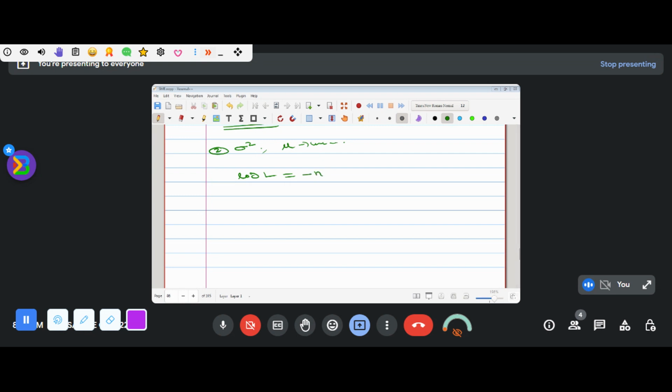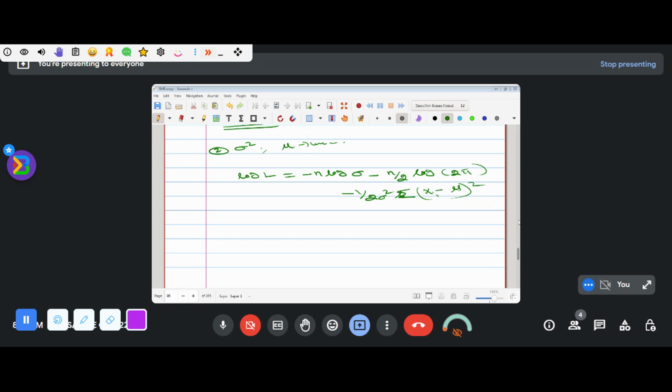Log L is equal to minus n into log sigma minus n by 2 into log 2 pi, and the last term minus 1 by 2 into summation (xi minus mu) the whole square.